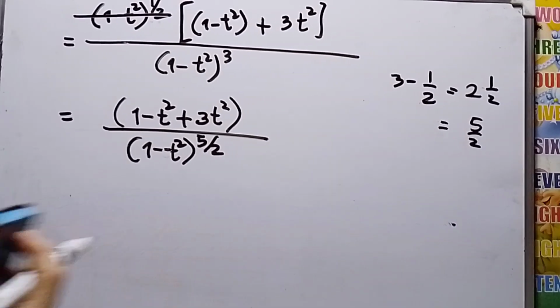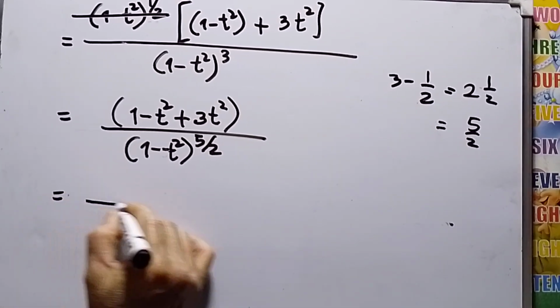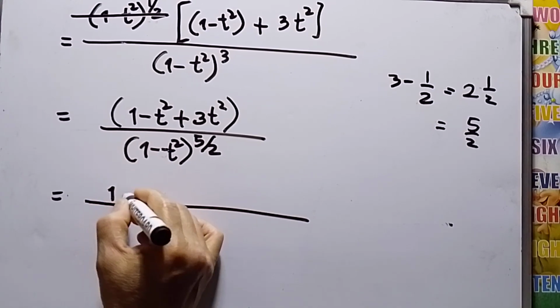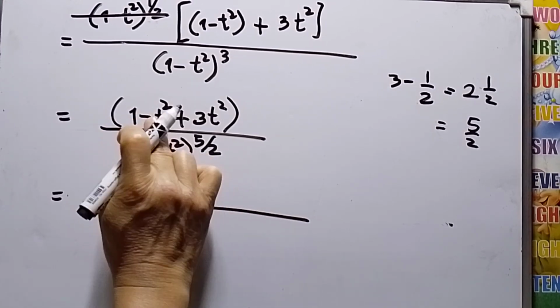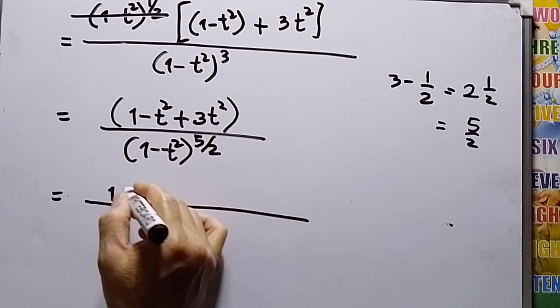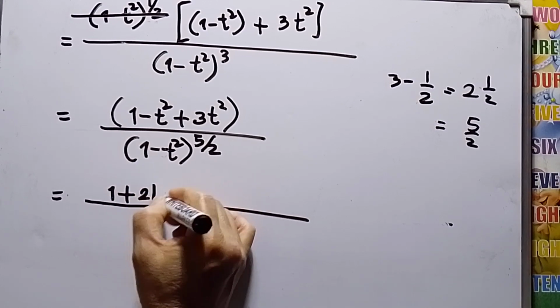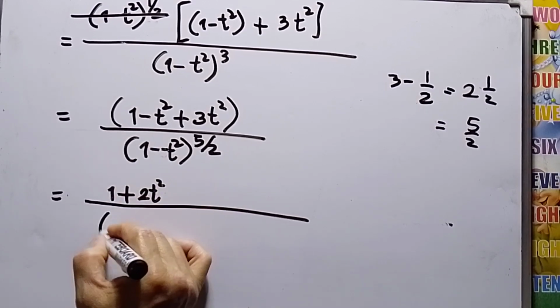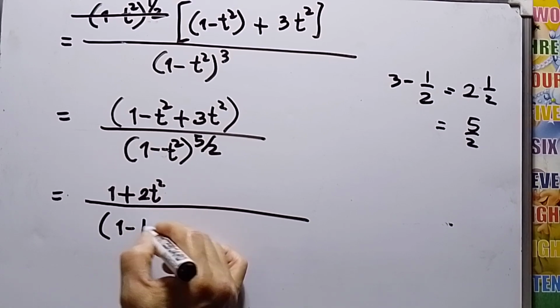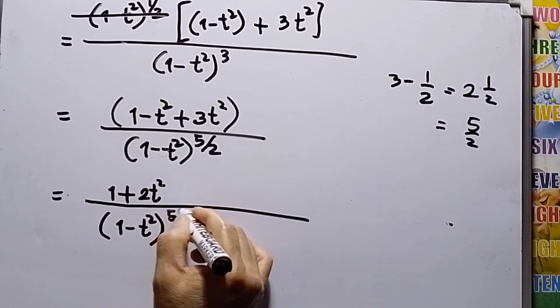And then simplify the numerator. So this will be 1 minus t squared plus 3t squared, that will be 1 plus 2t squared. Then this will be 1 minus t squared over 5 halves.